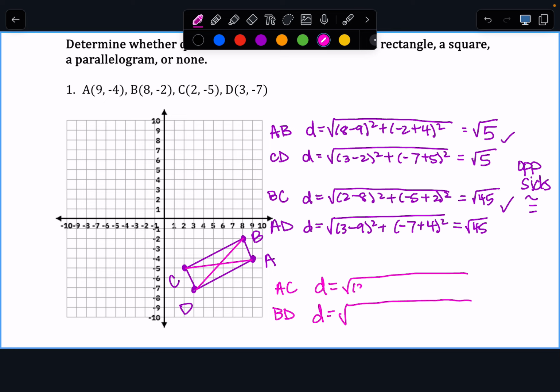So we have 2 minus 9 squared and -5 minus -4 squared. Square root of 50. Okay. For BD, we have 3 minus 8 squared and -7 minus -2 squared.